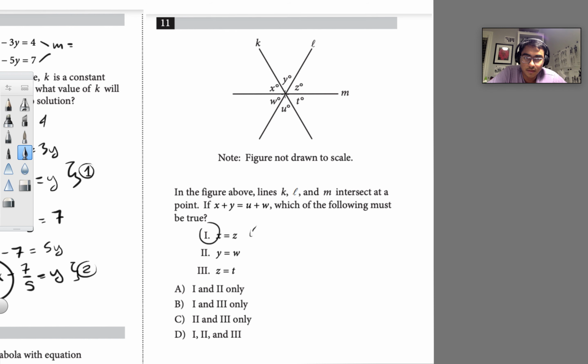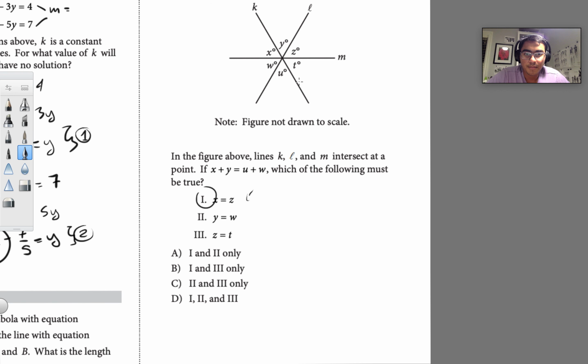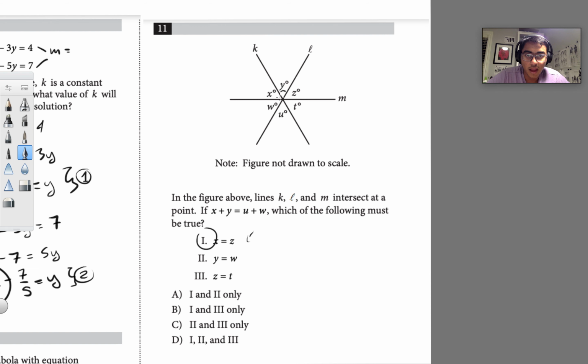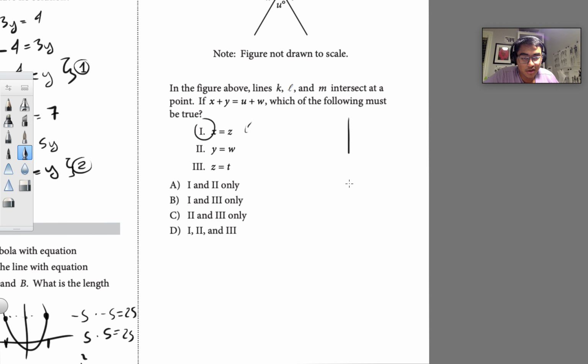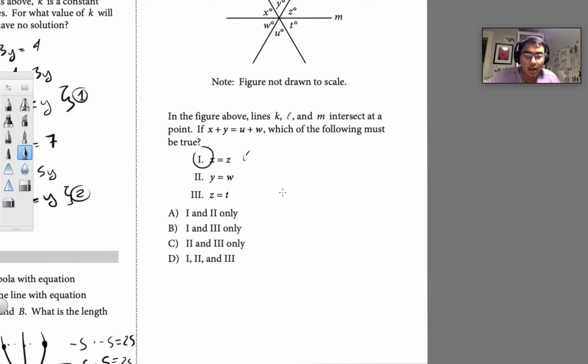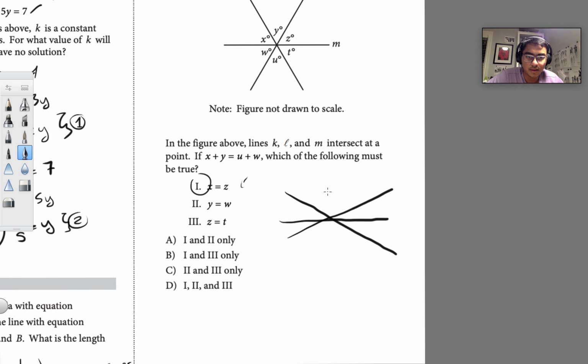One way I like to look at this is that, since the figure is not drawn to scale and similar looking angles could be a little deceiving, what I do sometimes is turn it into a very extreme case, where the side angles are very small and this one's big.